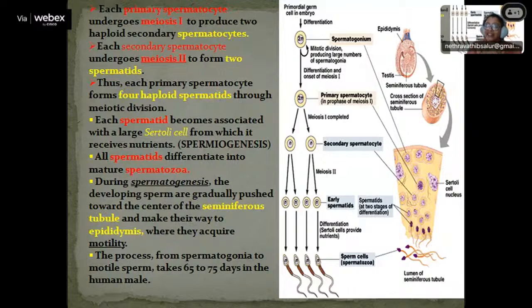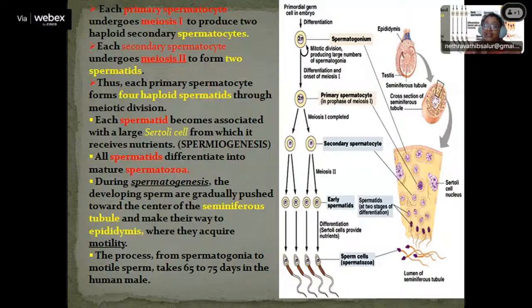Now, these secondary spermatocytes will enter into second meiotic division and produce non-motile, non-functional spermatids. Now, these spermatids will undergo series of changes where they lose the cytoplasm, they get a tail, they get a neck, and they also get acrosomal cap. And that's how you will get the functional sperm.